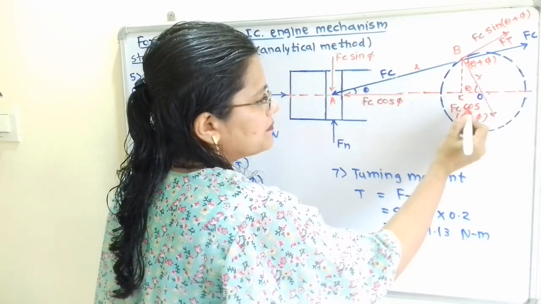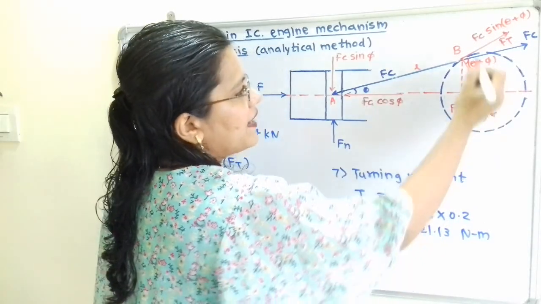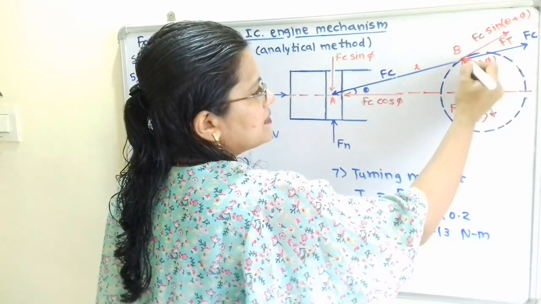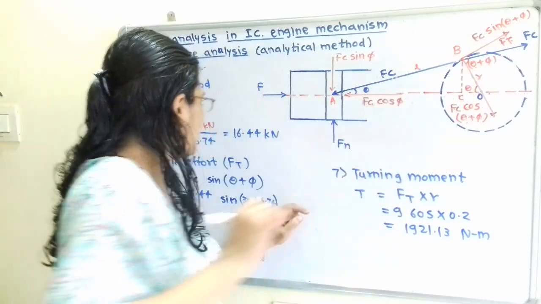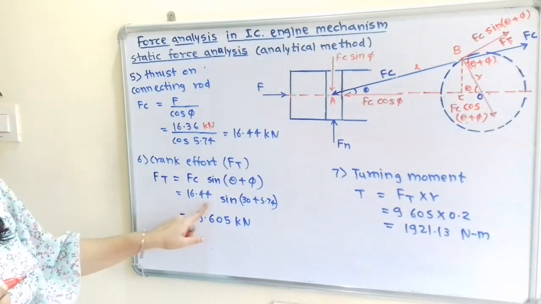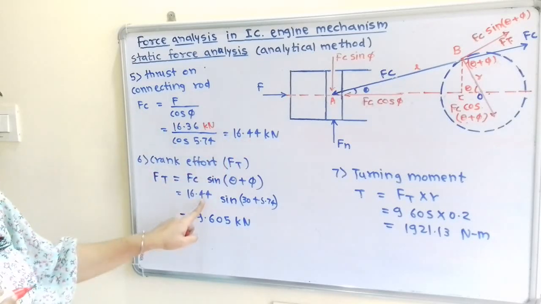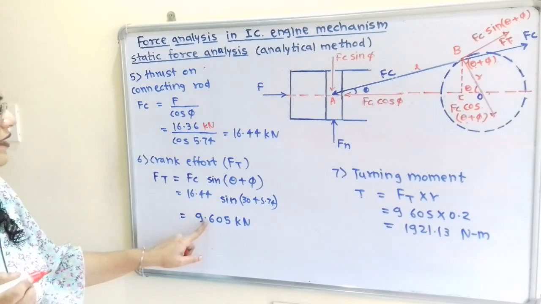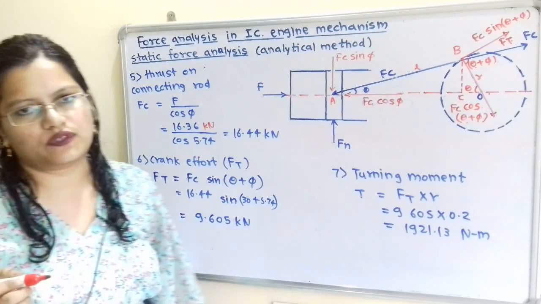So its value is Fc cos (theta plus phi), and the remaining component is Fc sin (theta plus phi). This is nothing but Ft. So Ft is equal to Fc sin (theta plus phi). Fc is 16.44, so 16.44 sin of (30 plus 5.74), which is equal to 9.605 kilonewton.